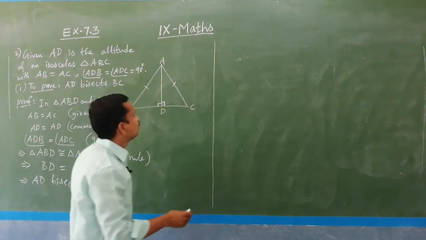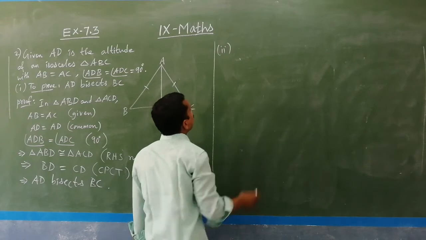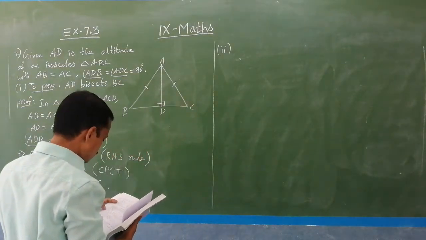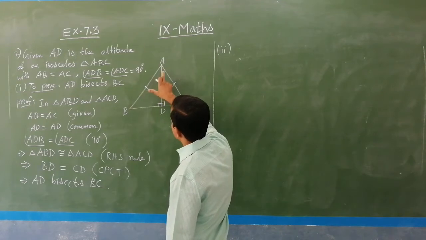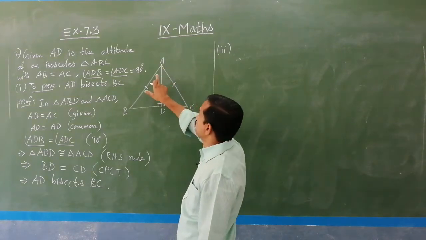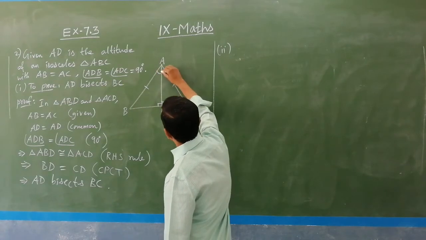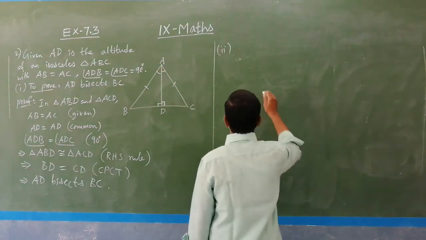And now, option 2. You have to say AD bisects angle A. AD bisects angle A means you have to say these two angles are equal. Clear? How to say that?